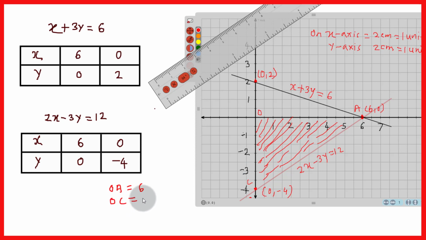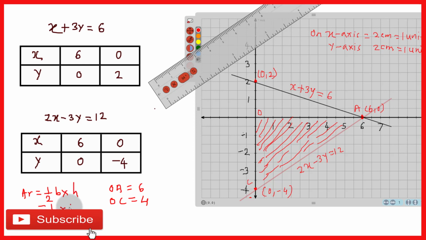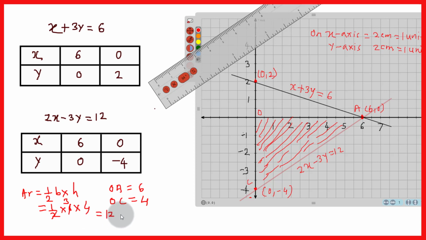So OC is equal to 4 centimeter, and therefore area is equal to 1/2 base into height, which is equal to 1/2 into base 6 into height 4. So 2 1s are 2, 2 3s are 6, and 3 4s are 12. So it will be 12 square units. And so the area of the required triangle is what? It is 12 square units.